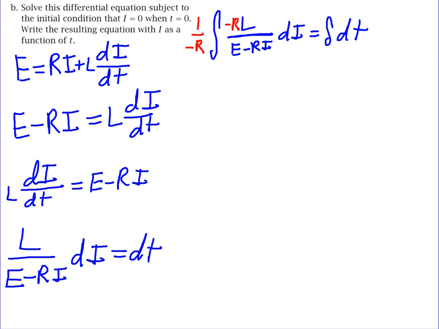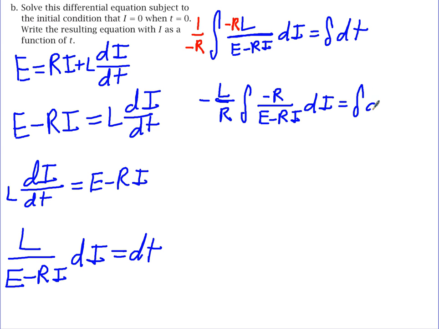So if I rewrite my equation here, this L is just a constant, so I'm going to bring that out front. So we now have negative L over r out in front of our integral, with the negative r in here, because we wanted the derivative on top: the integral of negative r over E minus Ri di equals the integral of dt.